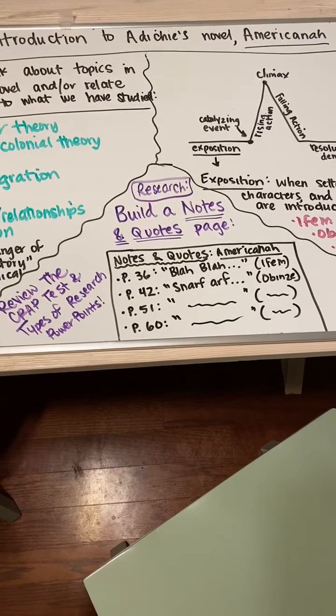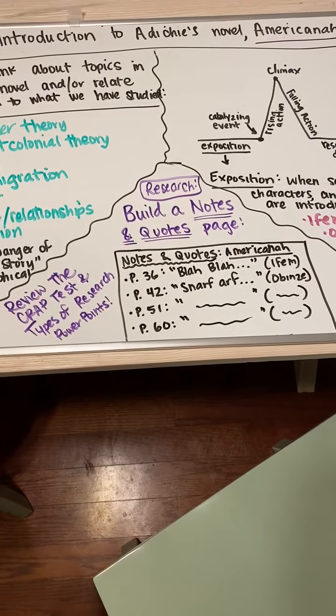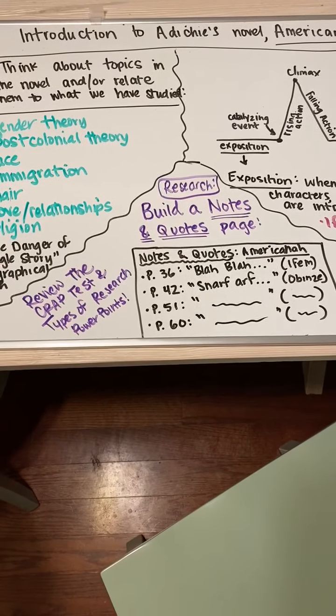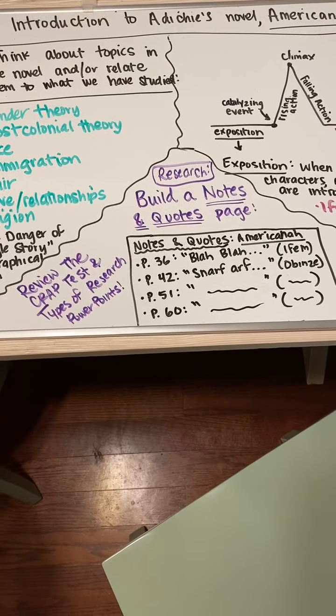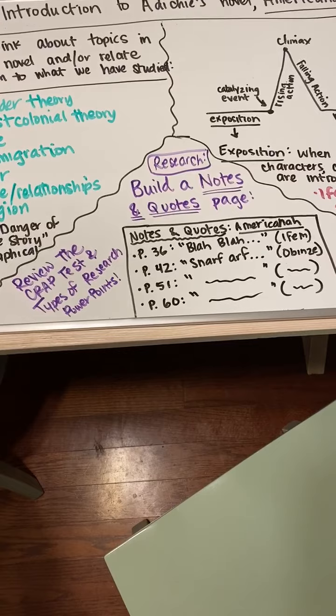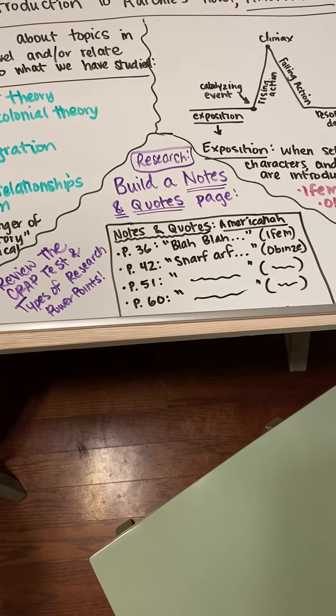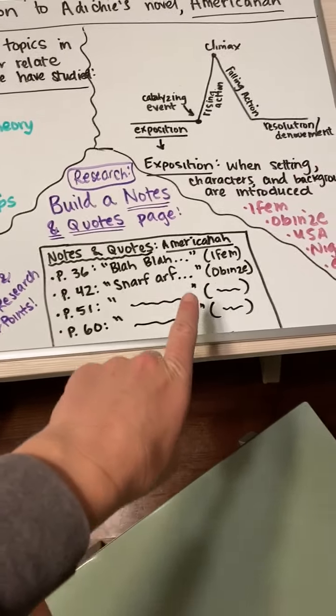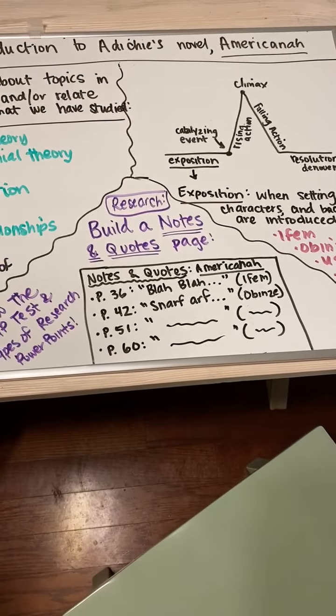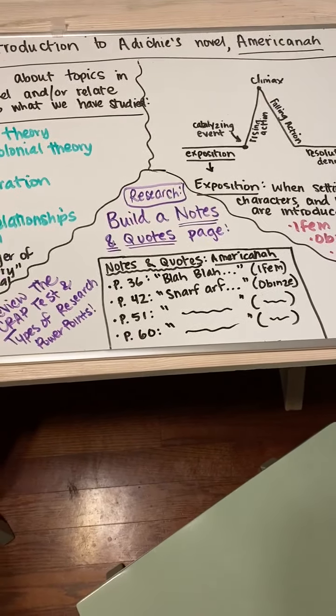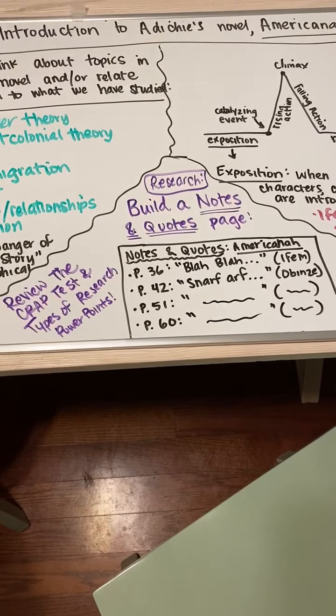You've probably highlighted it or underlined it or put a sticky note next to it so that when it's time to go back to writing the essay, you'll have that right there to reference, to use as a source in your essay, right? And then in parentheses, I always like to make sure you know the character who said it, if it's Ifemelu, Obinze, the narrator, whoever, right?